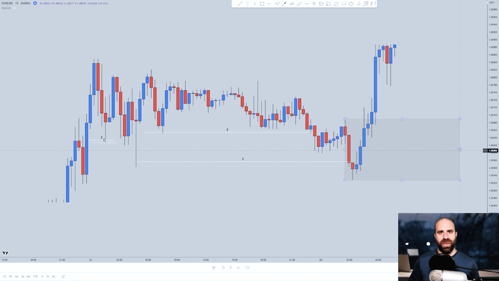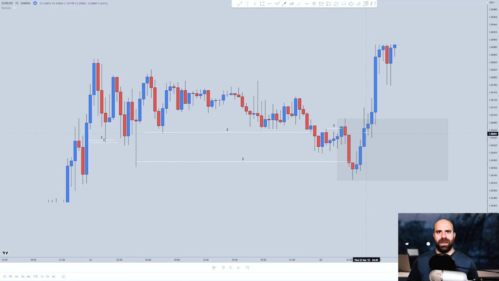Nonetheless, continuing with our example here, this is our order block right here. You see this up move which grabbed the liquidity above this area, and then it broke below all of these areas, grabbing even the lowest point that we had until now. From there we proceeded towards the upside, and this order block was not tested.